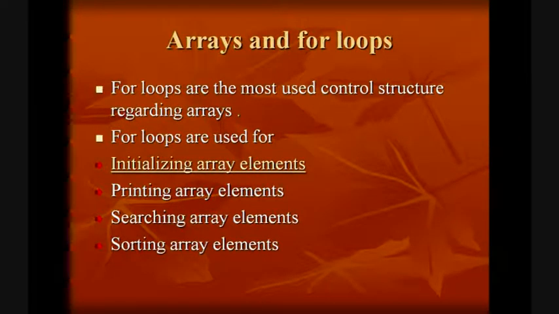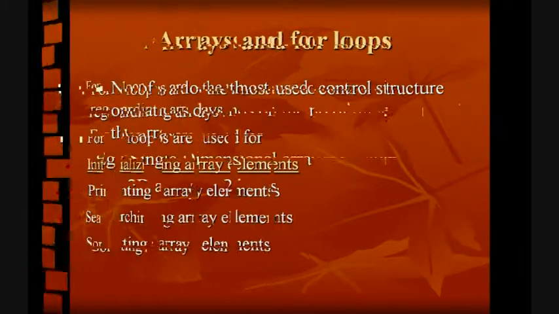For loops and arrays. For loops and arrays have become inseparable components in modern programming. For loops are used in almost all operations involving arrays. Some of them are array initialization, printing, searching and sorting array elements.